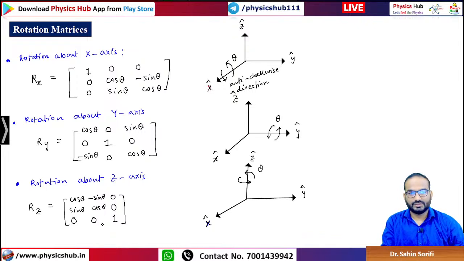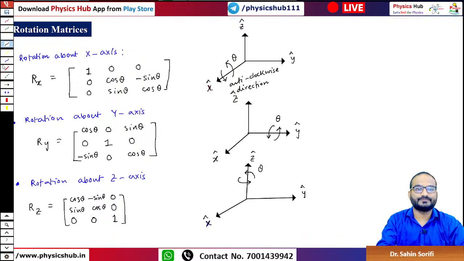One way to remember it: for Rx and Rz, this unit is the same, cos theta minus sin theta, cos theta minus sin theta, cos theta. For Ry, this minus sin theta is plus sin theta and minus sin theta. In this way you can remember.